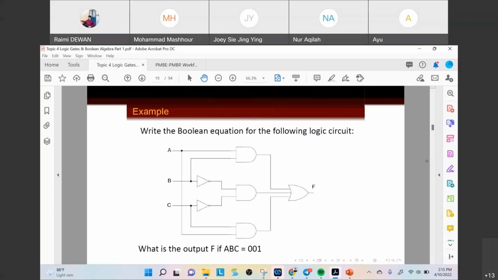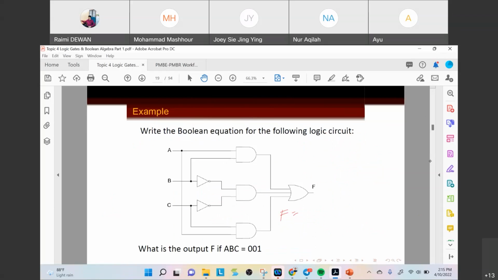This one I ask you to try on your own. It is quite easy. Whether you want to work from this side or that side, you can get the equation. For example, if you start from this side, you will get F equals to, and you go here.